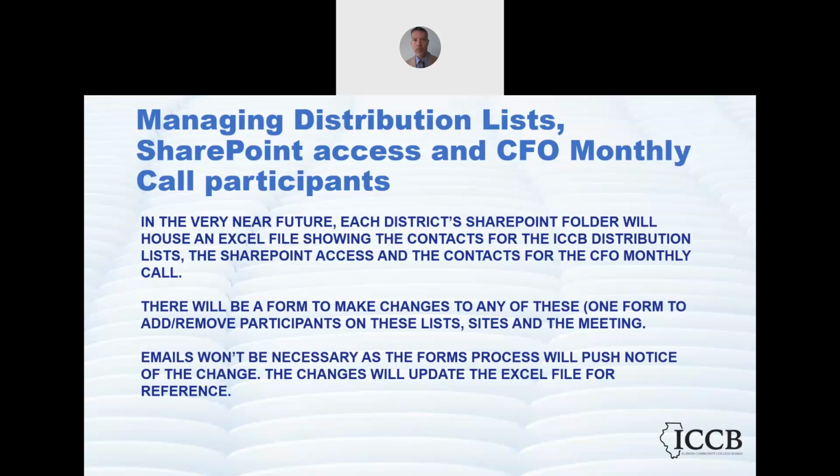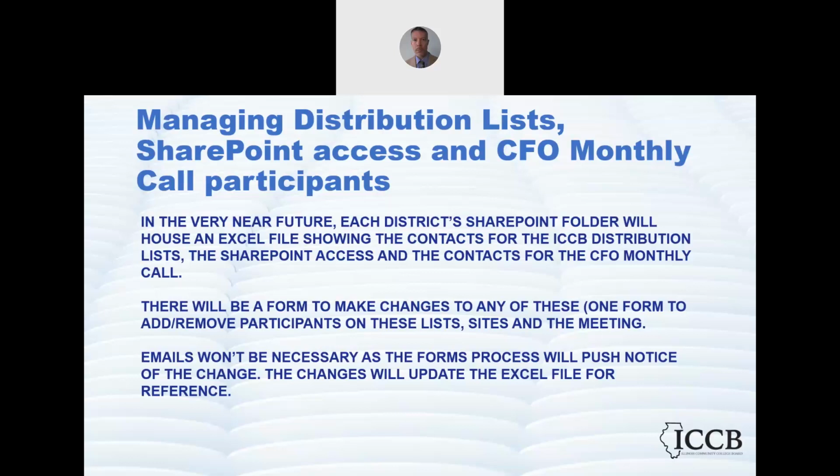So those four groups will be available for you to review, to know who's on each of those lists, and then you'll be able to use a form to add or remove participants on these lists. So we won't have to have emails that so-and-so is on the CFO Plus list and they've now left.